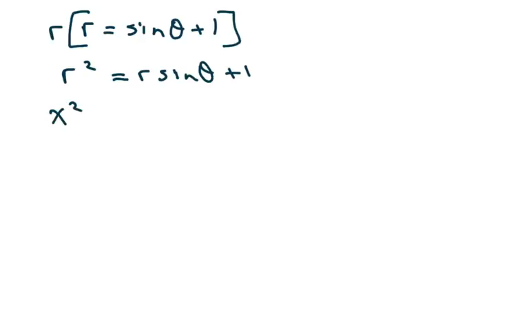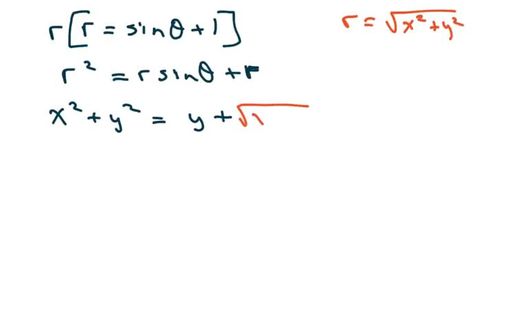So this is x squared plus y squared equals y plus, oh, I forgot to multiply this by r. So anyway, this is y plus r, and r is actually the square root of x squared plus y squared. So I'm going to go ahead and write that here: x squared plus y squared. Now you can see where these are a little more difficult.